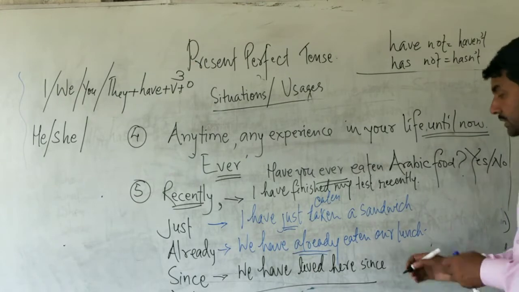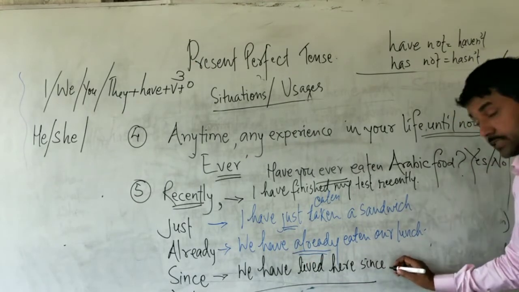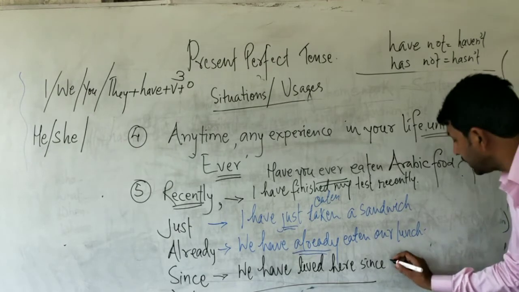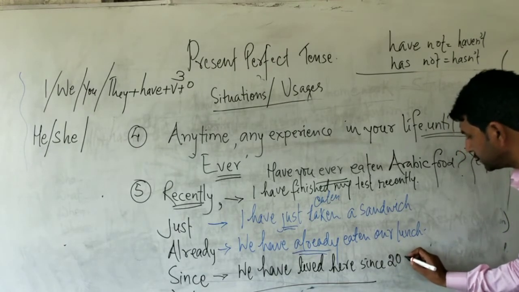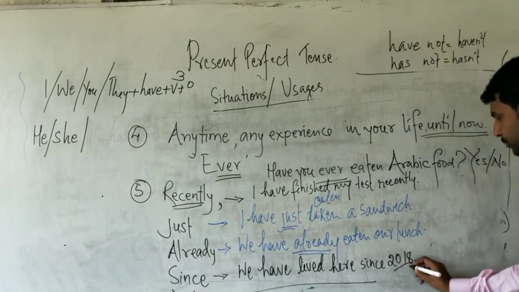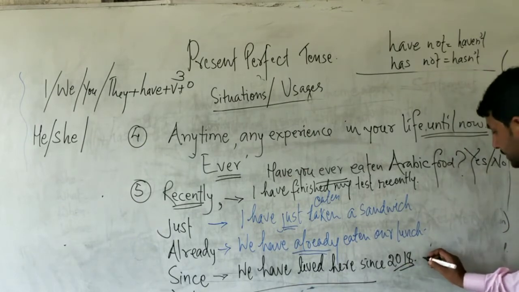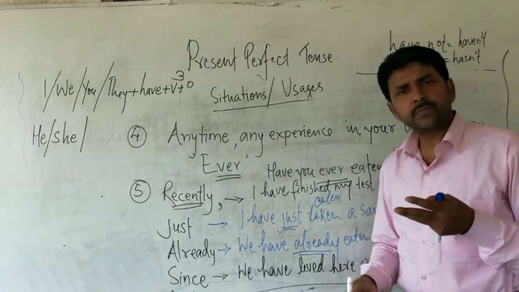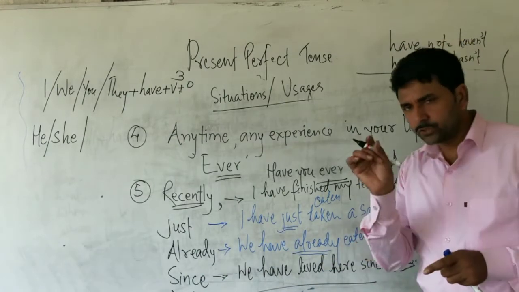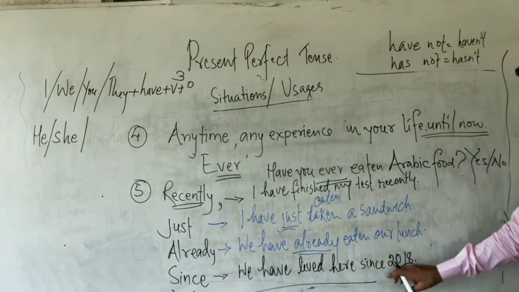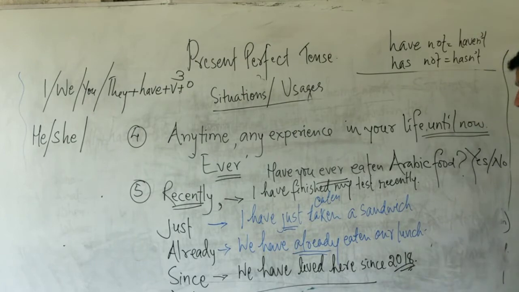You can say we have lived here since childhood, since my childhood, or since 2018. Okay, so this is a point of time. Since, you can say here 5 p.m., 10 a.m. also, that is a short point of time. This is in the past, but it is a point of time.